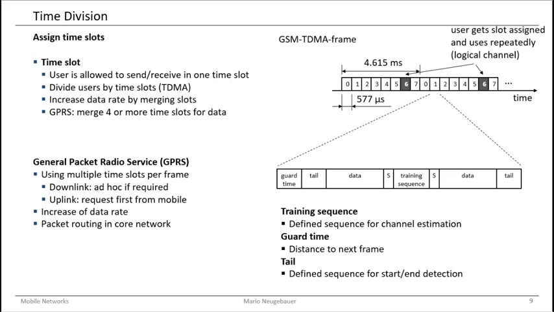Later on, there were made extensions like Edge, for example, and in Edge, there's also some change in encoding, but in GPRS, we have only this aggregation of the bursts so that we can increase the data rate.